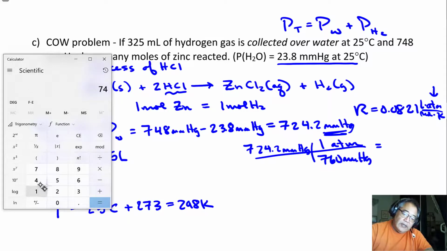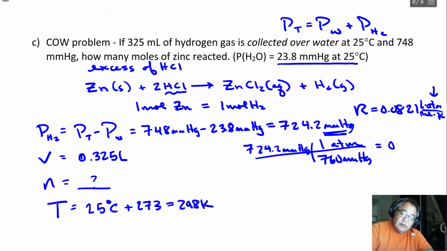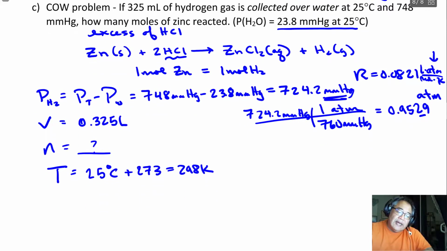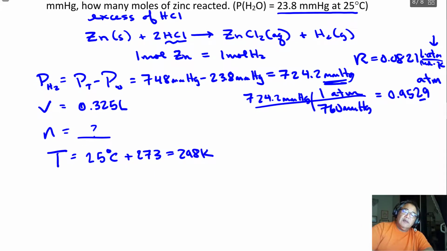So I'll calculate that value. 724.2 divided by 760 comes out to 0.9529 atmospheres. And I can solve my ideal gas equation and plug my numbers in.